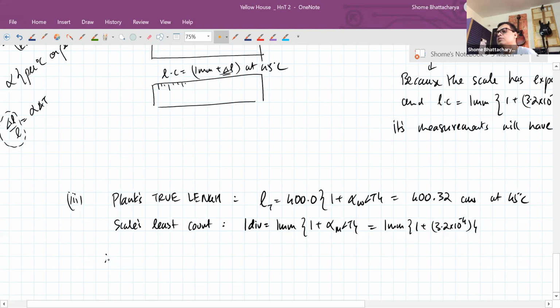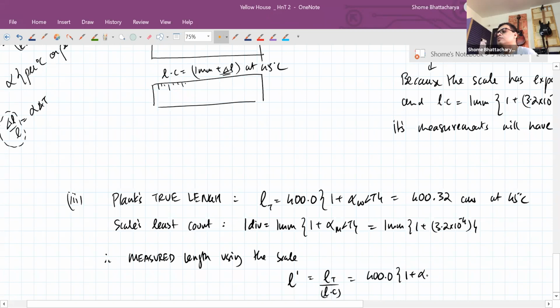Therefore the measured length using the scale, let's say L prime, will be the true length divided by the least count. So the true length is this much, whereas the least count, I'll just express it in the same unit.